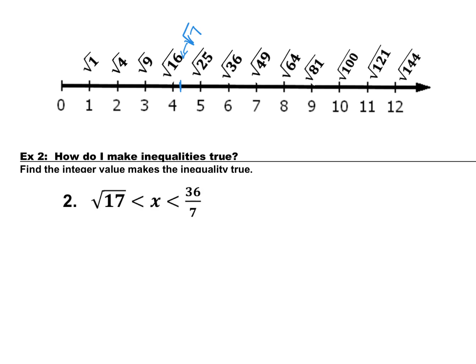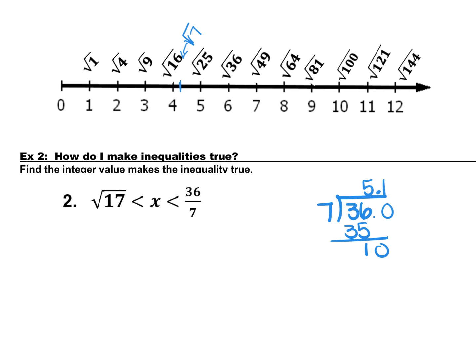And then we've got 36 all over 7. So 36 divided by 7. So 7 goes into 36 5 times. So we have 35, and then let's just bring it out one more decimal. And 7 goes into 10 one time. So we've got 5.1.